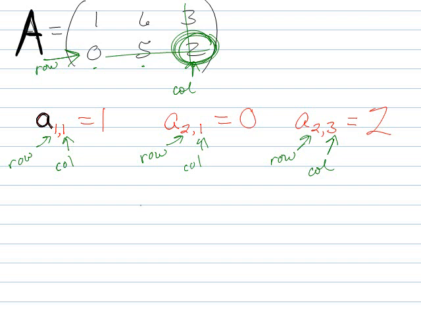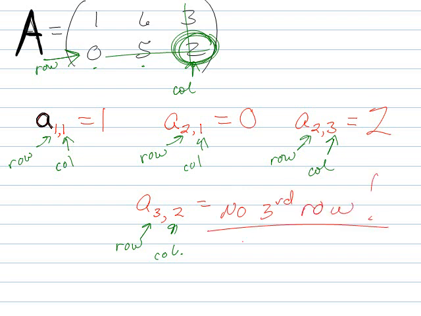What if I asked you for a3,2? And I say, well, that means I'm looking for the third row and the second column. Well, I look up at my A up here. Is there a third row? No, there's no third row. So this would be kind of a trick question.